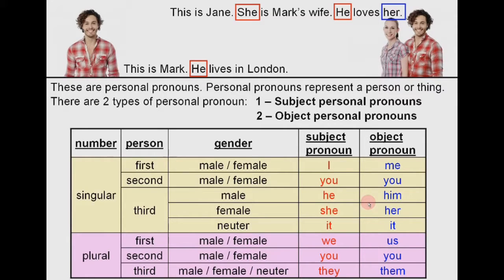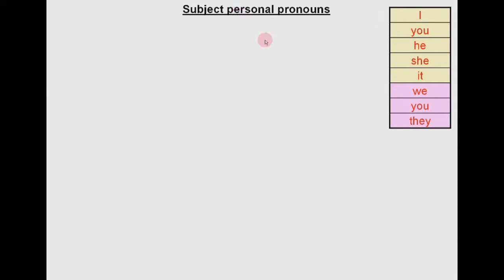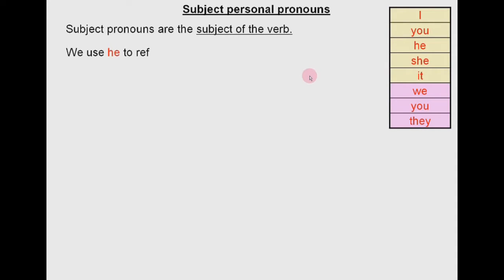Okay? So the subject personal pronouns. Here they are again on the right. And the subject pronouns are the subject of the verb. Okay, so the subject of the verb. The subject of the verb means the person or the thing who is doing the action.